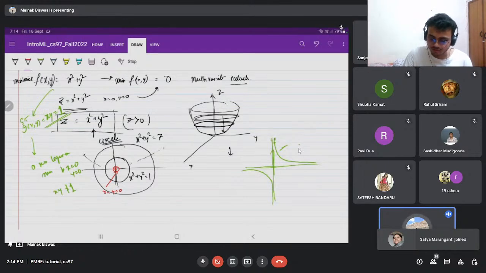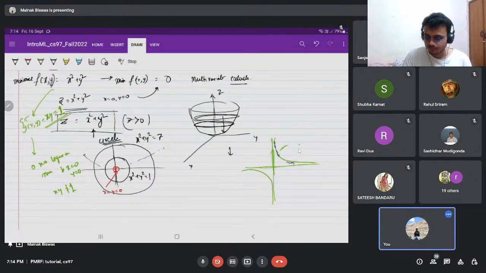So you will have to traverse along this curve, remembering this is g of x, y, to see where f of x, y is minimum.